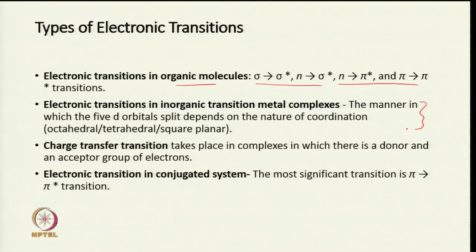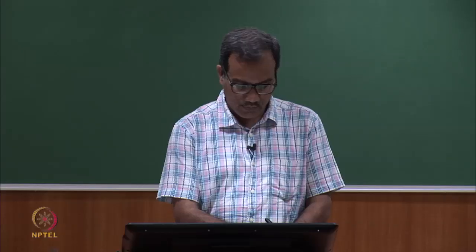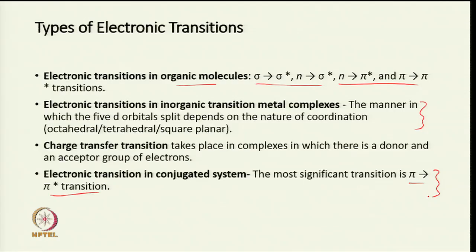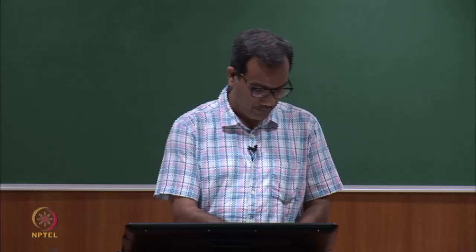Then we have electronic transitions in conjugated systems, and the most significant is the pi to pi star transition. So, in this lecture I will focus on electronic transitions in conjugated systems. Some of them I have already discussed, and a few I will discuss after this lecture.